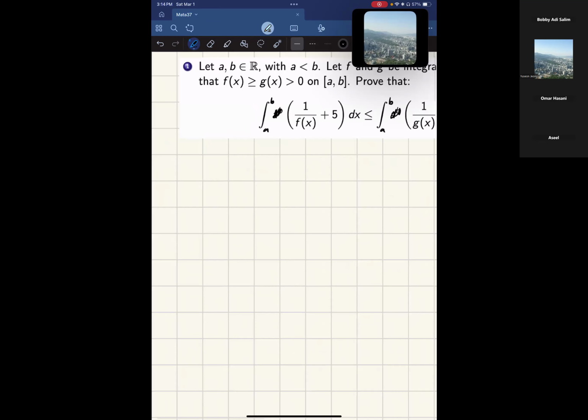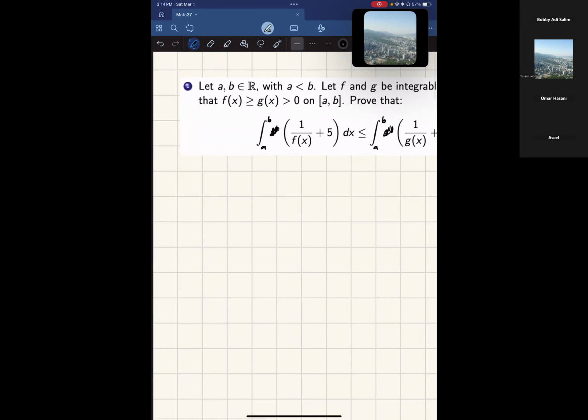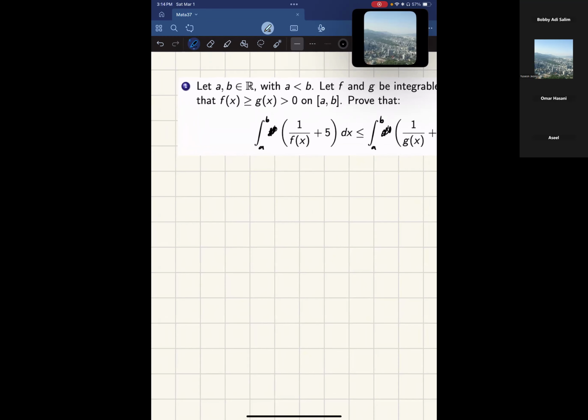At the start of any Riemann question, we need to define a partition. So we're going to start by doing exactly that.